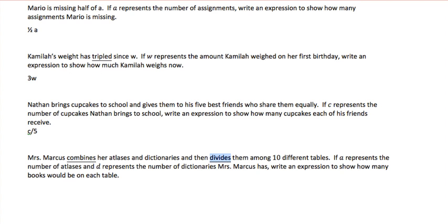So 2 different operations. The first is combining atlases and dictionaries. And she does that first. Then she divides them among the 10 different tables. So A plus D in parentheses divided by 10.